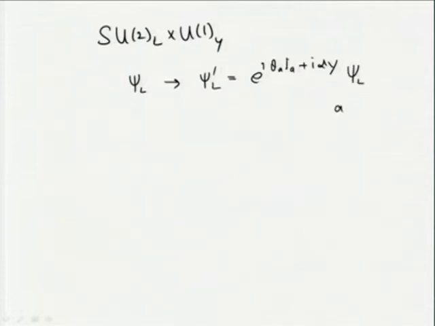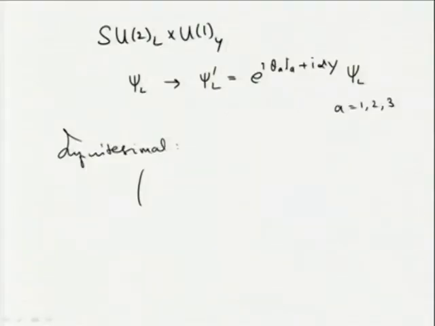Here a equals 1, 2, 3, and Y is whatever the hypercharge is, and essentially for an infinitesimal transformation, we write this as a doublet. For all the particles, leptons and quarks, that have a non-zero SU(2) charge, they are taken in a doublet of isospin 1/2.